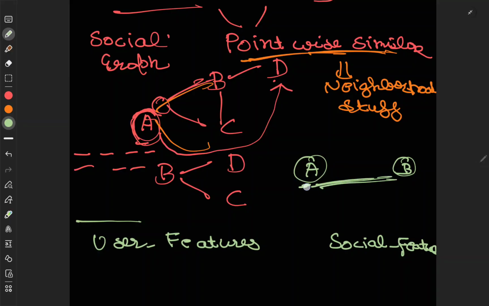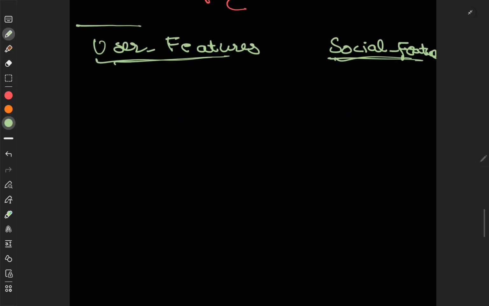Did A study in the same college as B? Does A work in the same industry as B? Such kinds of features can be represented as social features, and user features are related to a particular user only.